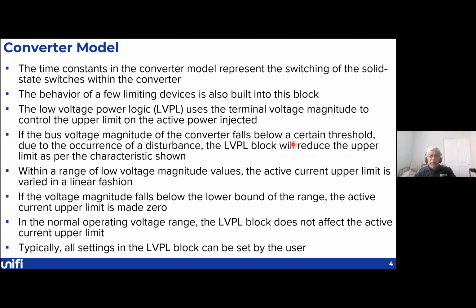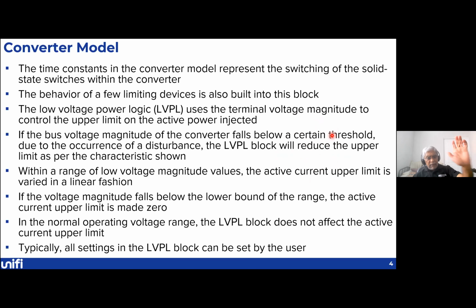And if the voltage magnitude falls below the lower bound of the range, the active current limit is made zero. So in the normal operating voltage range, the LVPL block does not actually affect the active current limit. It's only when we have situations with disturbances and low voltage.